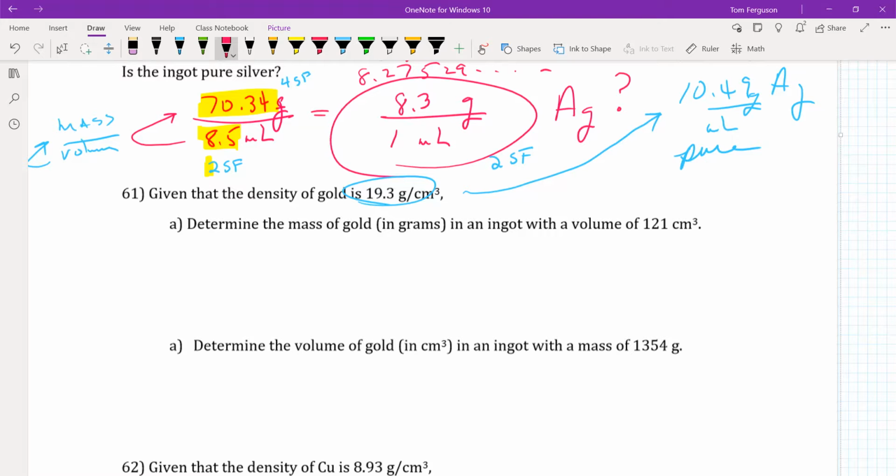So we've got a volume. Remember, density now is grams over milliliters. And remember, this is milliliters or cubic centimeters. In the case of solids, they usually go with cubic centimeters. In the case of liquids or gas, they go with milliliters. But it's interconvertible.